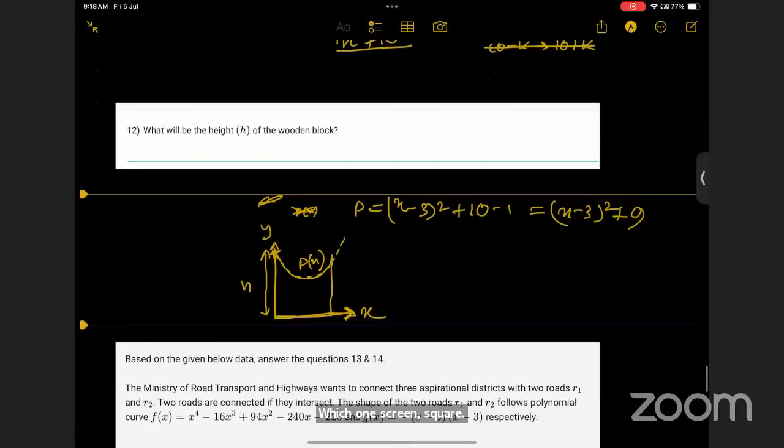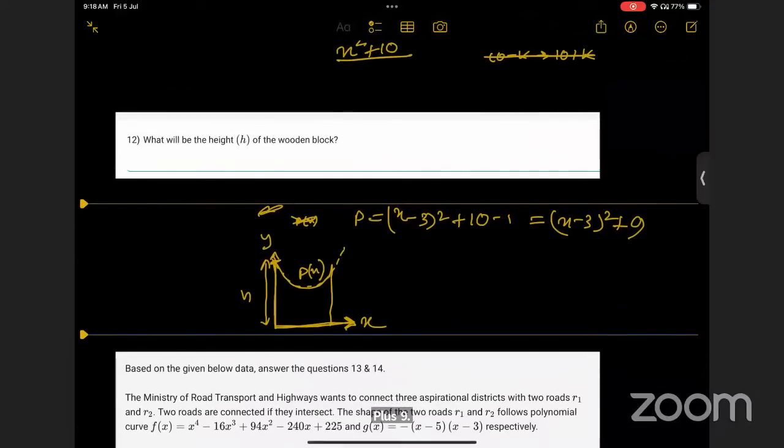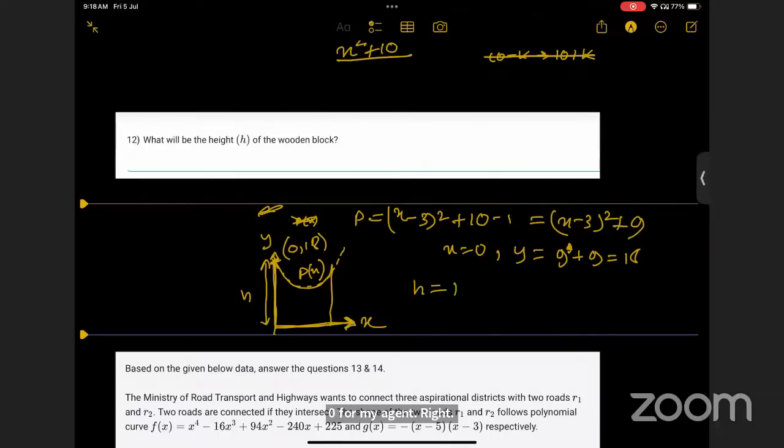Now from here we can find the y-intercept, which means we put x equals 0 here. So this point is (0, 18), right? So the height will be 18.